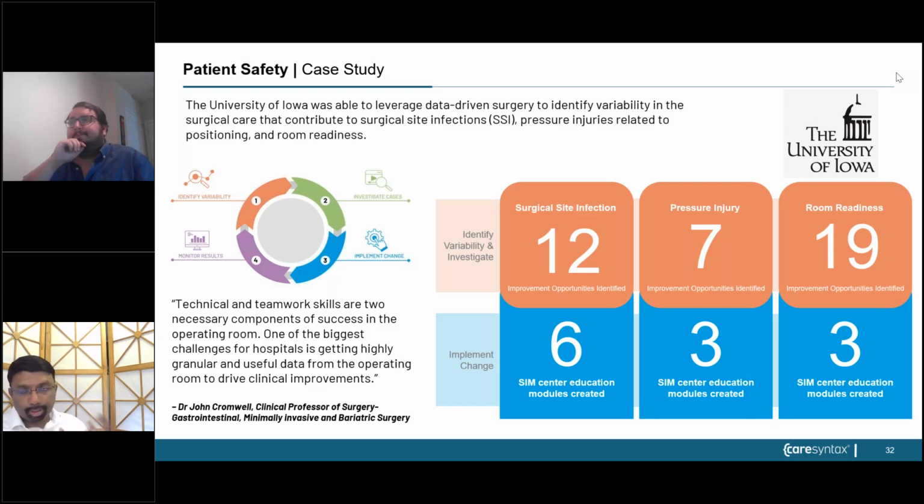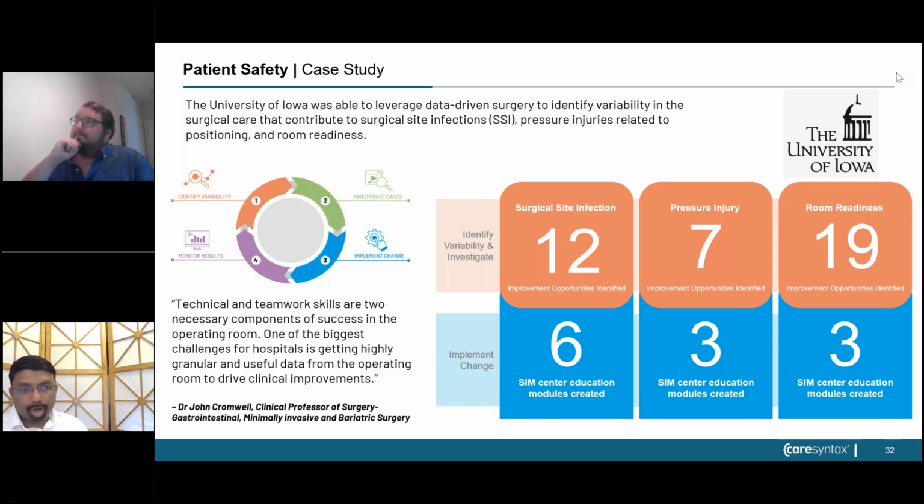So a lot of different opportunities were identified, and the change implementation really came out from increasing training and a little bit more mentoring, proctoring, and then sustaining that change on an ongoing basis to make sure that those changes are sustained.